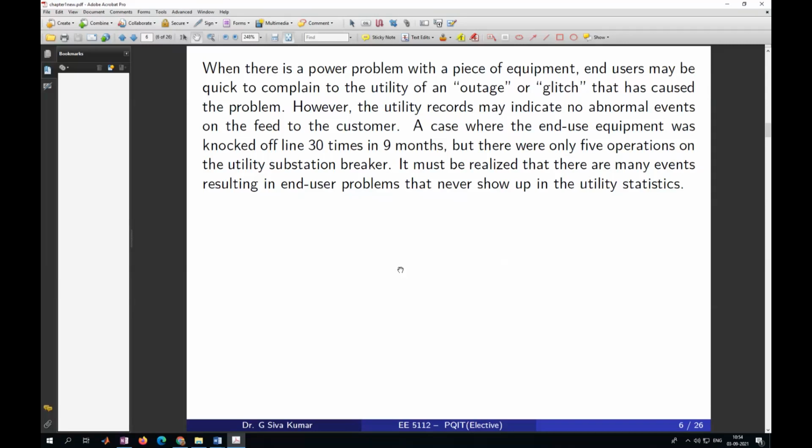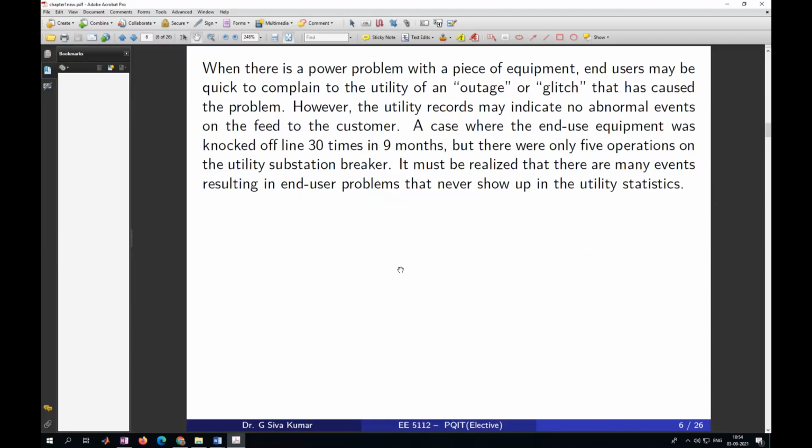As we have seen in my house itself, if there is a short circuit in equipment, suddenly the breaker is going to trip. That is not because of a problem with the utility. That is the problem inside your equipment. Sometimes it so happens that over voltage comes from the utility side, but it is a very rare case.